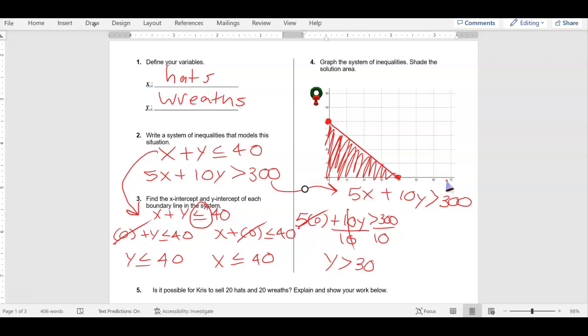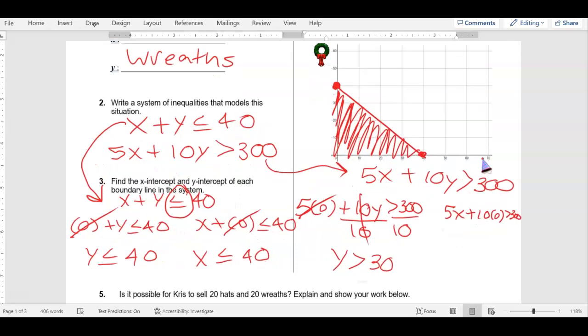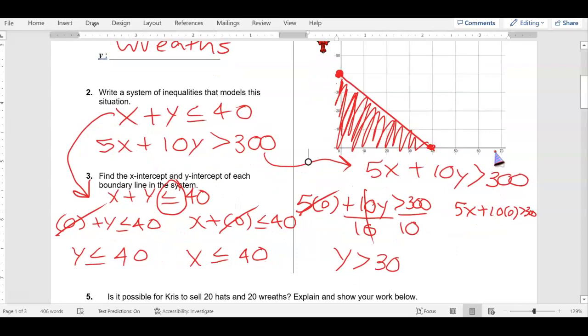And then we're going to do the same thing. We're going to plug in 0 for y. So 5x plus 10 times 0 is greater than 300. I'm running out of room. Can y'all see that? Let me try again. 5x plus 10 times 0 is greater than 300.